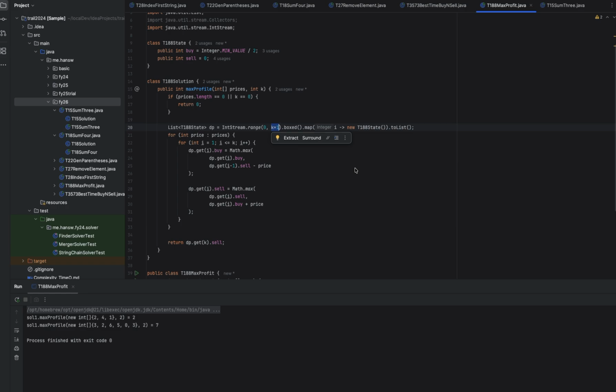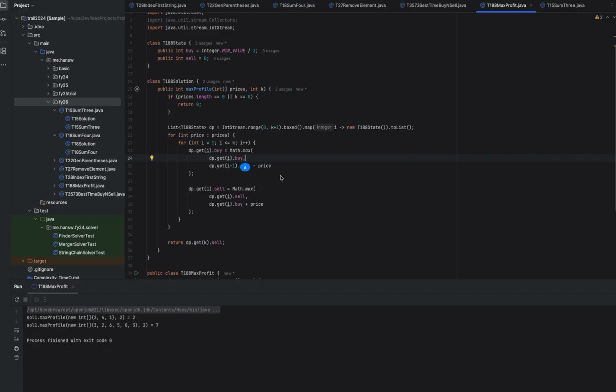The transaction index really starts with 1, because we leave 0 for the state at the first price. As we go through the transactions from 1 to k, each price can impact the DPs.